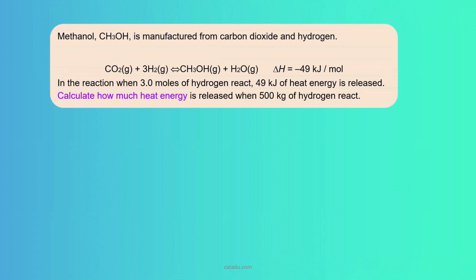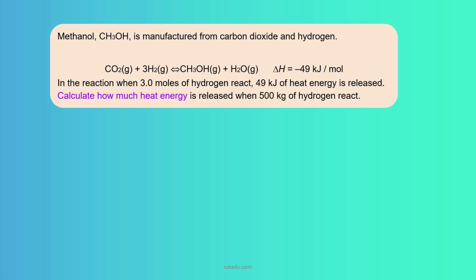Another example: methanol is manufactured from carbon dioxide and hydrogen. In this case 3 moles of hydrogen react and we get 49 kilojoule of heat. So we have to calculate how much energy will be released if 500 kg of hydrogen gas reacts.